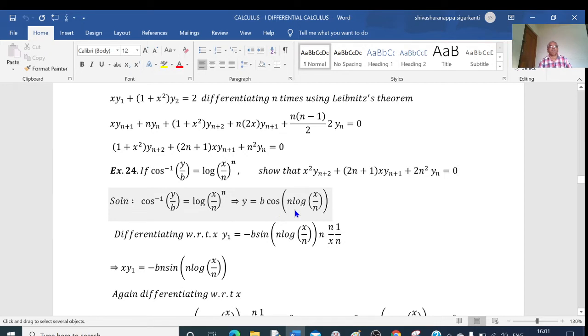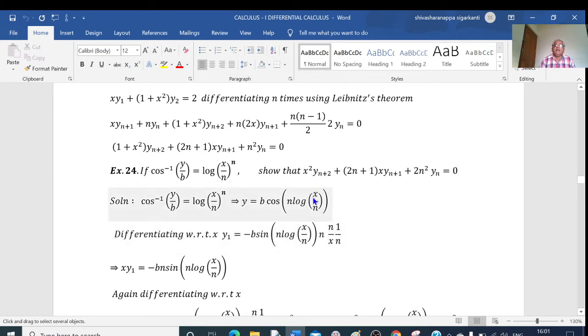This is my y. Now differentiating this with respect to x, I will get y1 is equal to b constant as it is, cos derivative minus sine of n log x by n into the derivative of n log x by n. n is a constant quantity, the derivative of log x by n is 1 by x by n into 1 by n, so n by x.